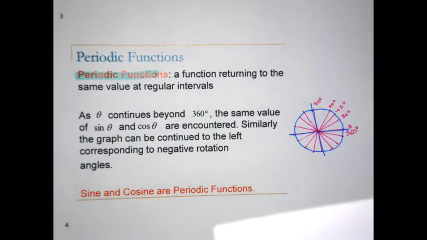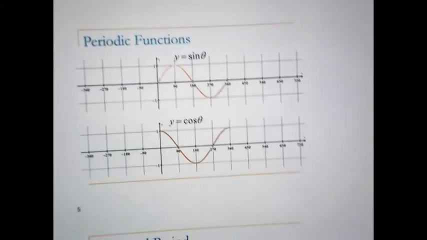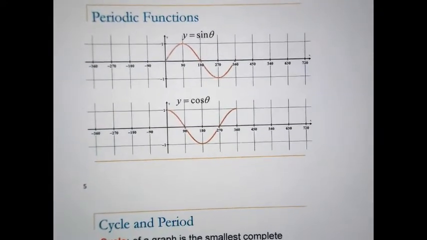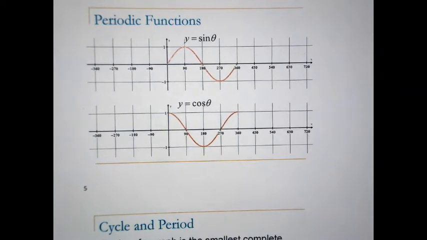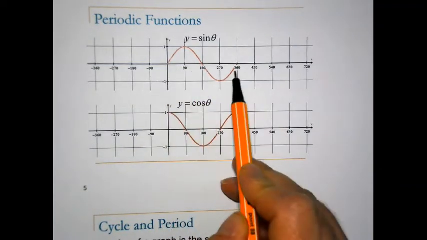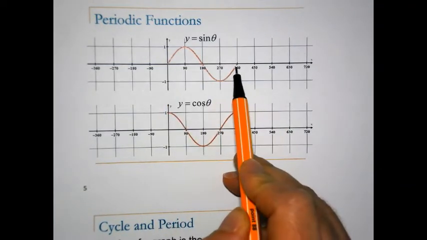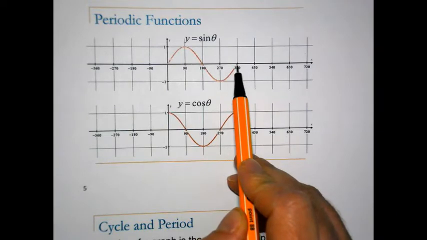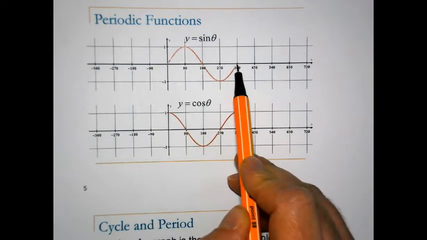So now we are going to look at their graphs again. This is what we call a cycle of the sine function that you saw being generated in yesterday's video.